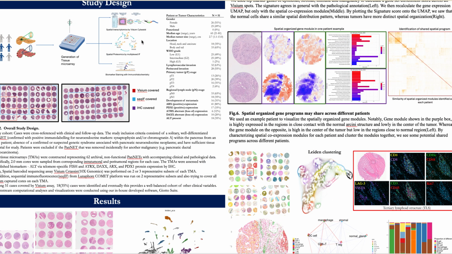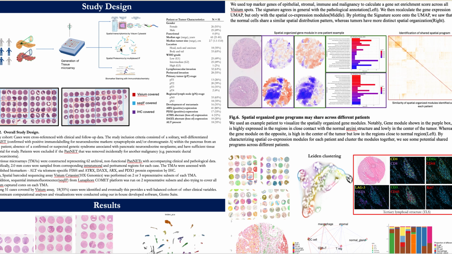And on their adjacent slide, we ran a spatial barcoded sequencing platform called the Visium CytAssist from 10x Genomics to unbiasedly characterize the spatial transcriptomics. And on the adjacent slide, we used the spatial proteomics platform with sequential staining of IF from the Lunaphore platform. And together, we have a multimodal and multi-scale data set.